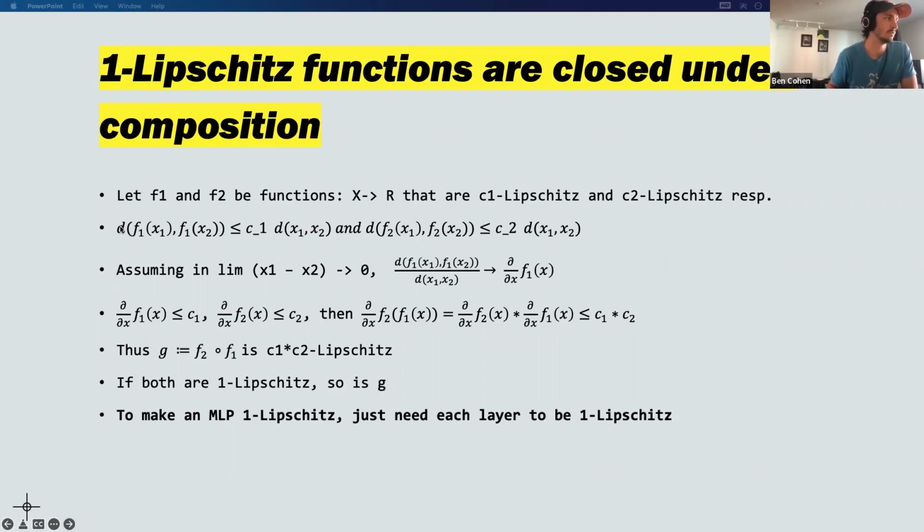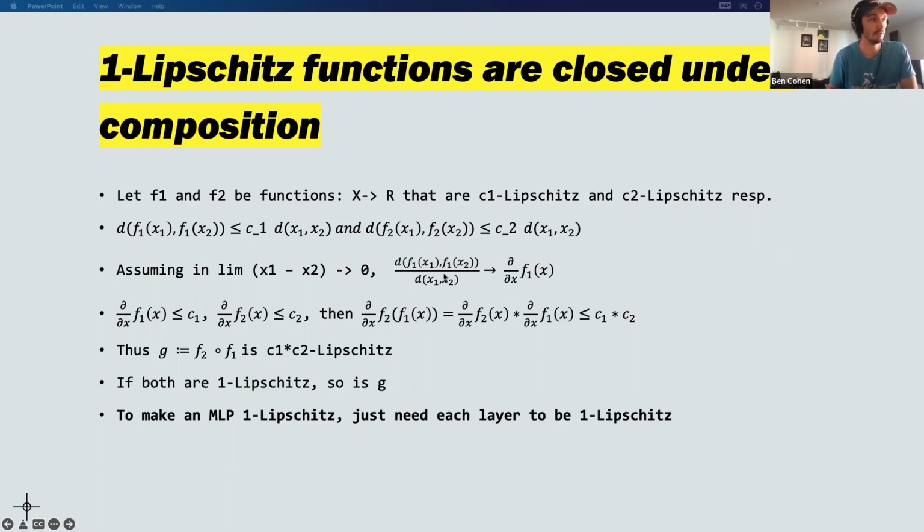And if we assume that this distance metric has the property that, in the limit as x1 minus x2 goes to 0, if I divide both sides of this inequality by this distance in the x's, I recover the derivative of this function. And I think this would be true for a distance metric like absolute value.